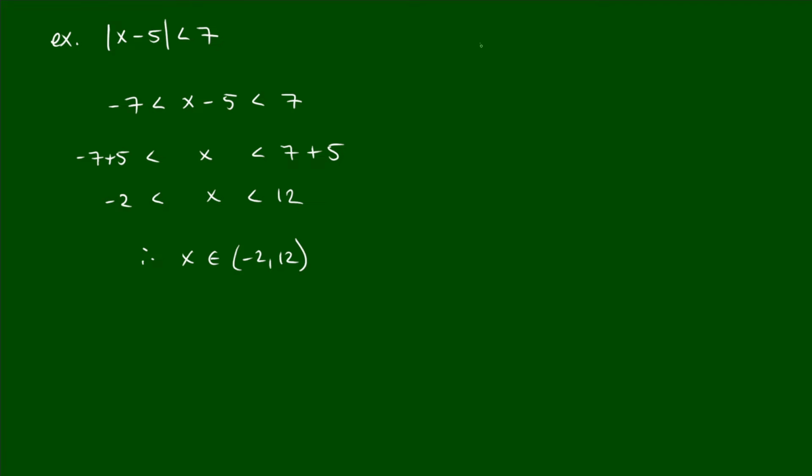Let's have another example. Let's say you have the absolute value of 2 minus z, and that is less than 7. Well, same thing you're doing here. You have negative 7 less than 2 minus z is less than 7. You're going to subtract 2 on both sides, right?